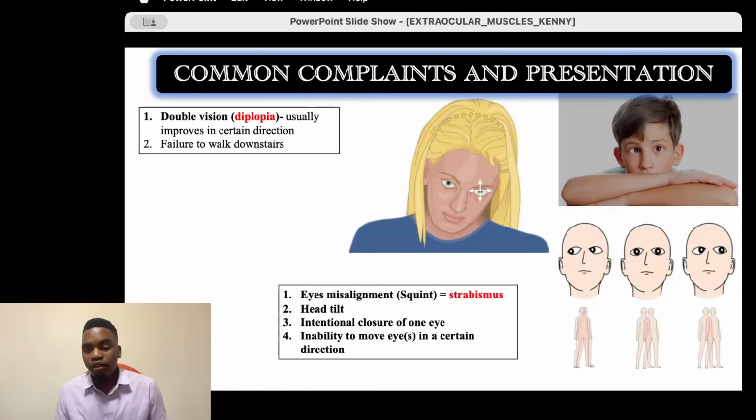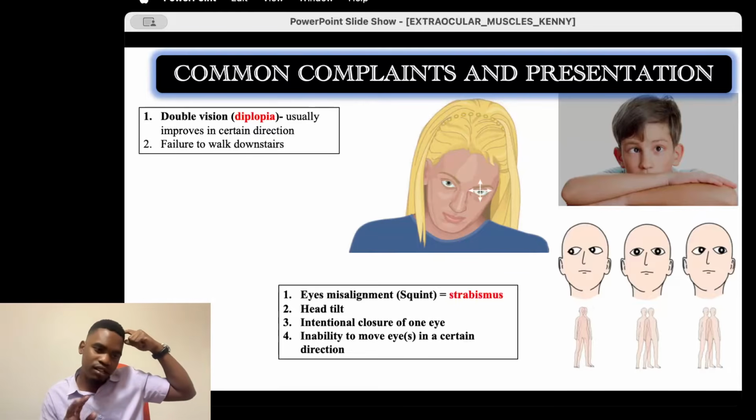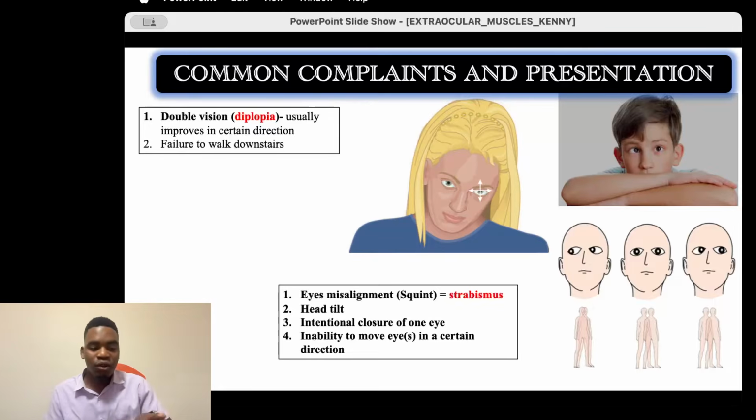But how do we get the double vision? I have discussed diplopia somewhere else separately, but just a bit of how it is brought about: we have two eyes, and the eyes are focusing on the same object.